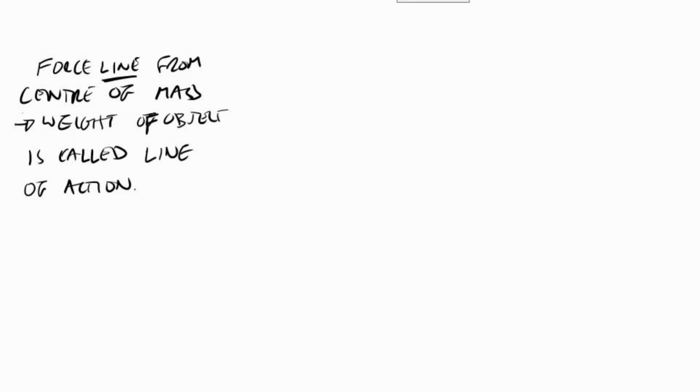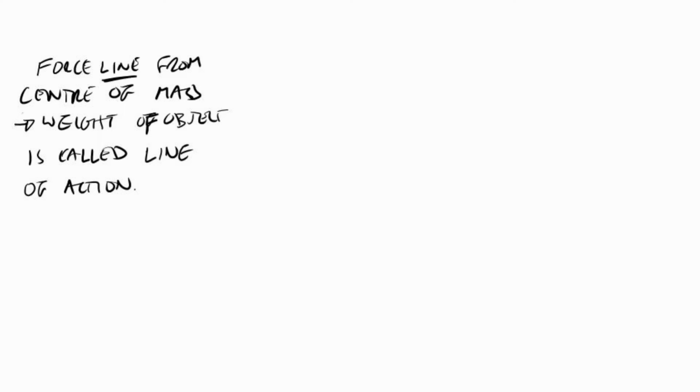Now, when an object is balanced, which is where it comes back into dealing with moments, if it's physically sitting on the ground, it means that the line of action of the object lies inside of the base, and that means it's pretty stable.